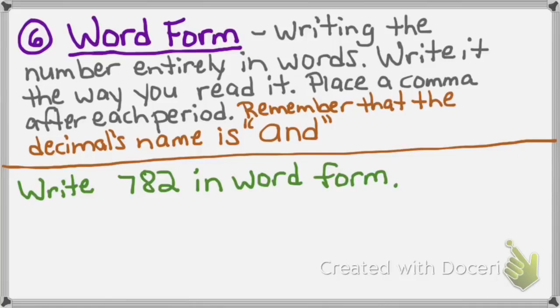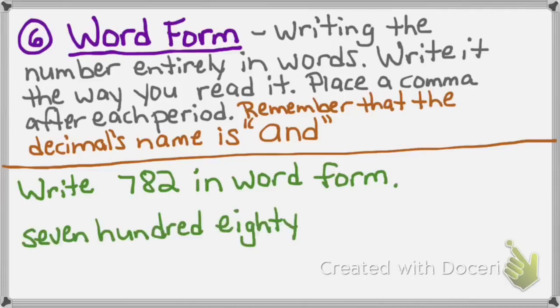So let's take a look at an example of a word form problem. Write 782 in word form. Remember, word form is all words. We write it the way we read it. So I read that number, 782. Remember, there's no decimal, so I did not say and. It's simply 782. So that's what I write. 782.